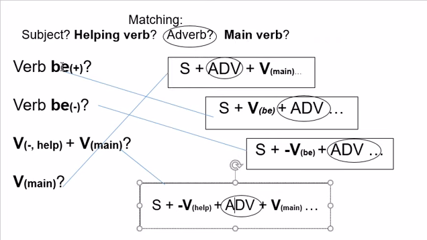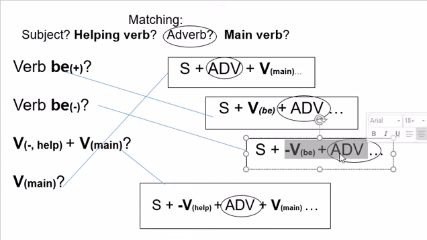And then if you have verb be, you put the adverb after verb be. Negative verb be, same thing. Put the adverb after negative be. Be careful, you can't use two negatives. I can't say I am not never home. Not possible. I can say I am never home or I'm not ever home. Good.